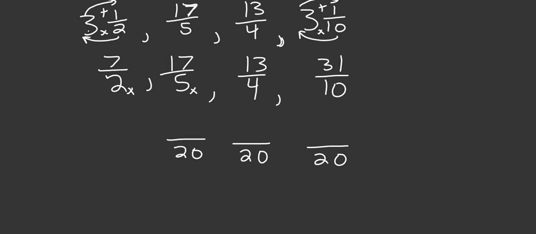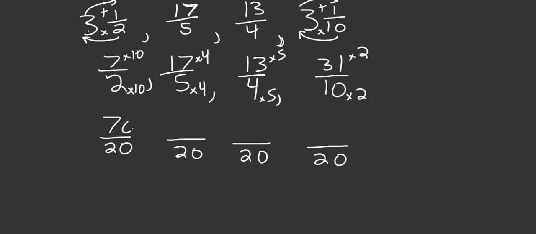You will just have larger fractions, and that is okay. So 2 into 20 would be 10. 5 into 20, we're going to multiply by 4. 4 into 20, we're going to multiply by 5. And 10 into 20, we're going to multiply by 2.